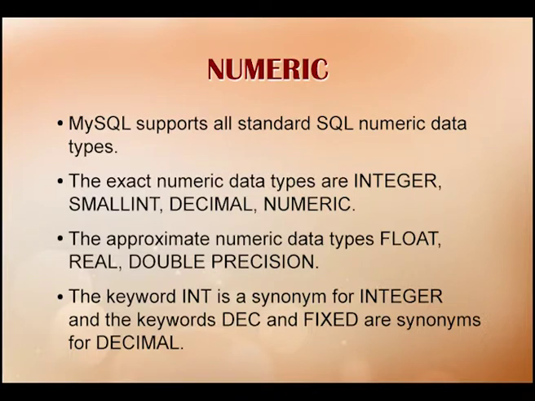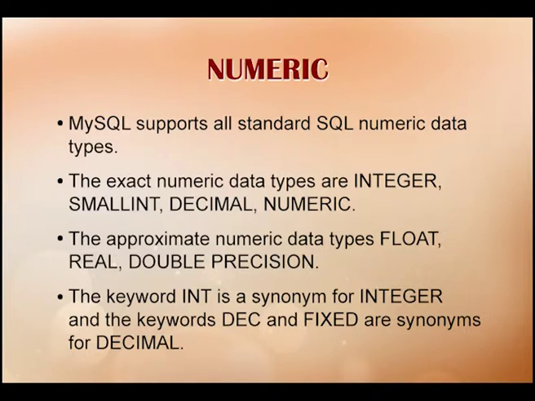The keyword int is a synonym for integer. No need of writing integer in full, you can cut short and write the keyword int, and within the braces you can put the size. Likewise, for decimal you can put DEC, and fixed are synonyms for decimal.